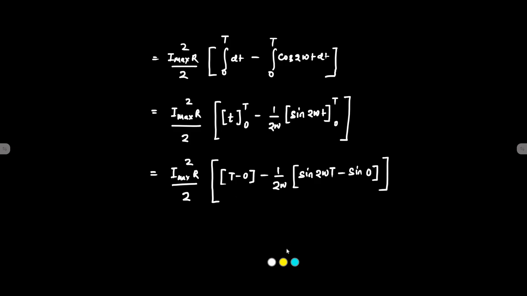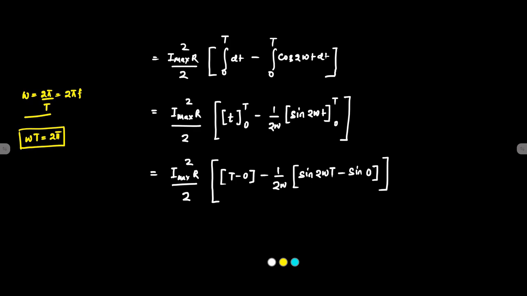Now we know angular frequency omega is equal to 2 pi by capital T, where capital T is the time period, or we can write it as 2 pi f, where f is the frequency in hertz and T is the time period in seconds. If we take this into consideration, omega capital T is equal to 2 pi. So sine 2 omega T becomes sine 4 pi.